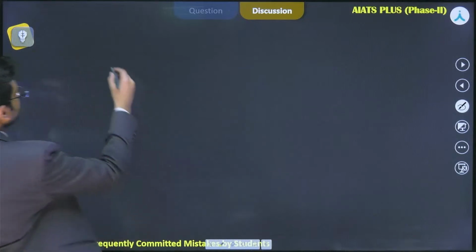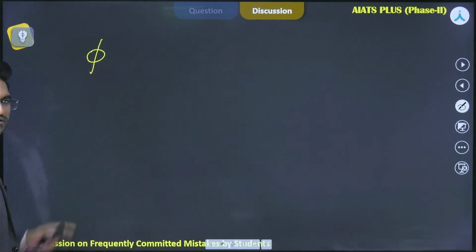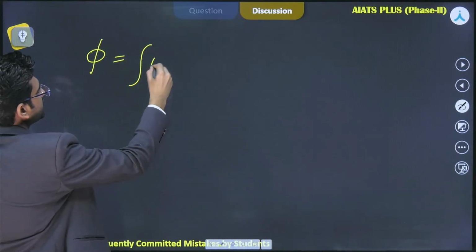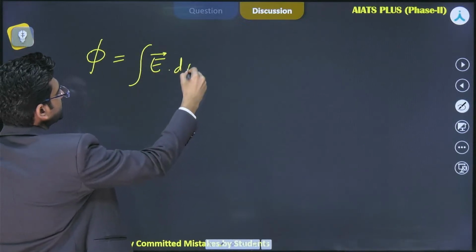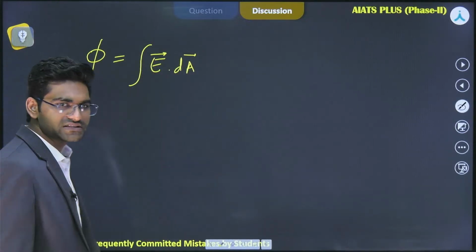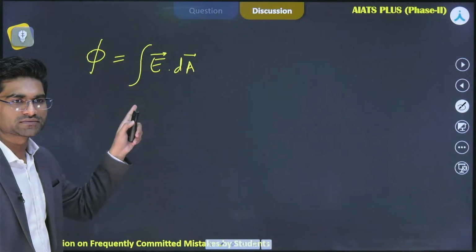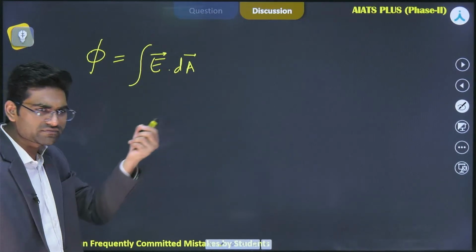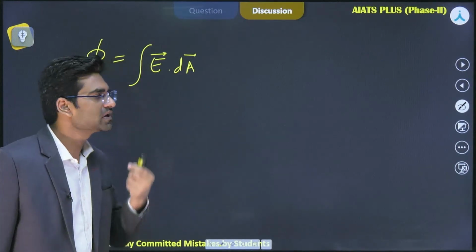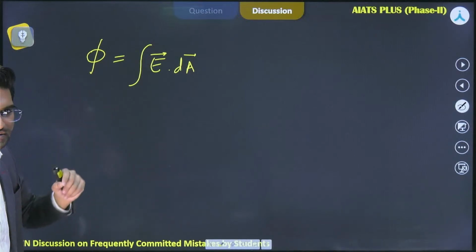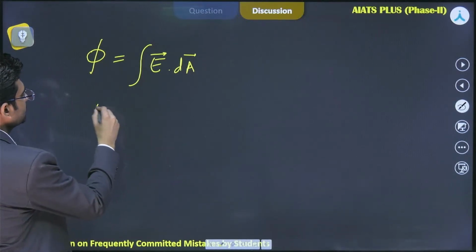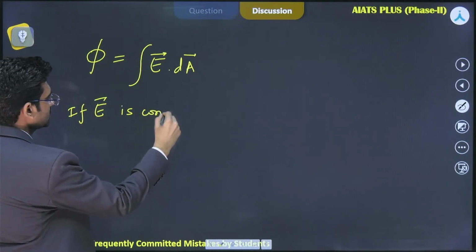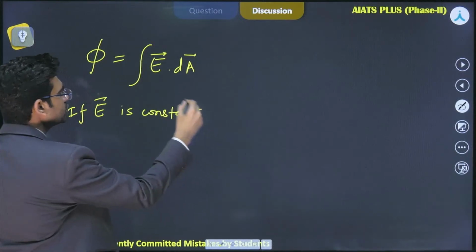So the concept is electric flux. It is denoted by phi is equal to integral of E vector dot dA vector. If electric field is variable, then this is the fundamental formula. This is the electric field and this is the infinitely small area vector, and then we have to integrate it to find the total flux. Now, if electric field is constant, then we don't have to integrate it.